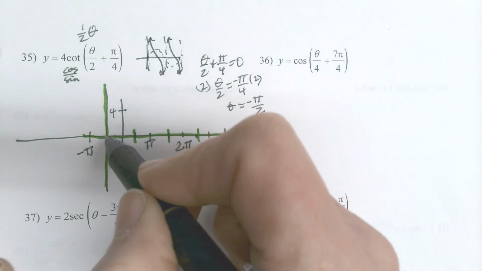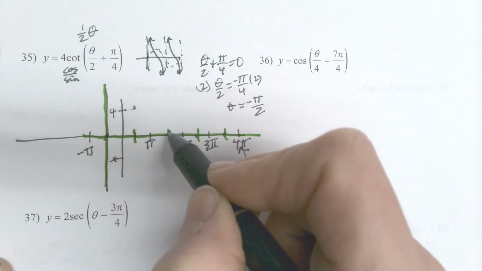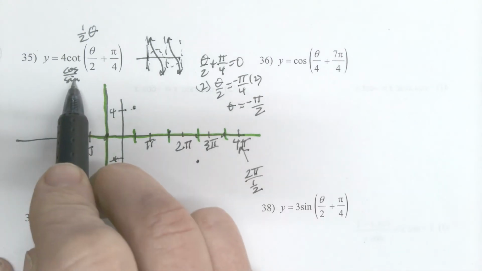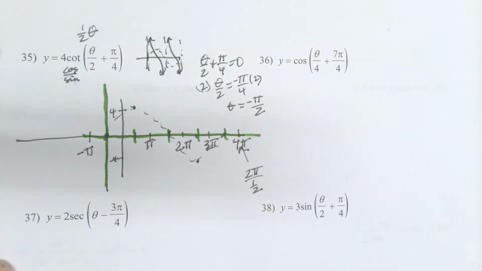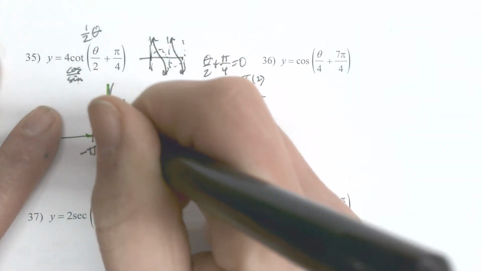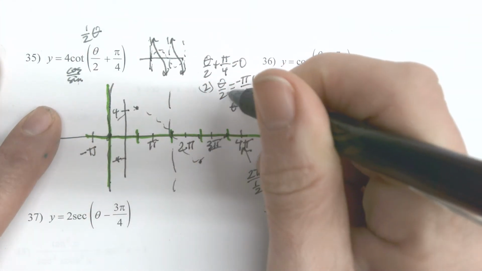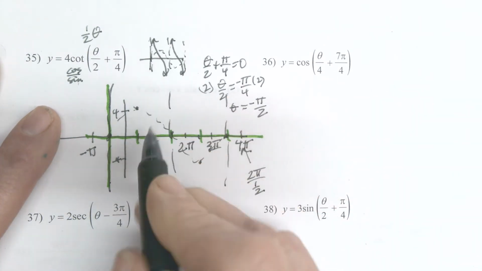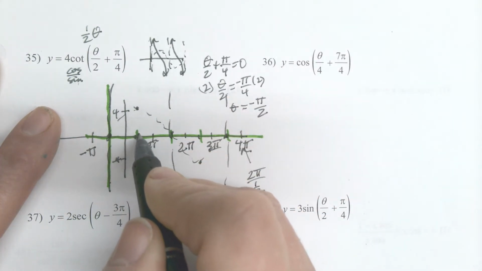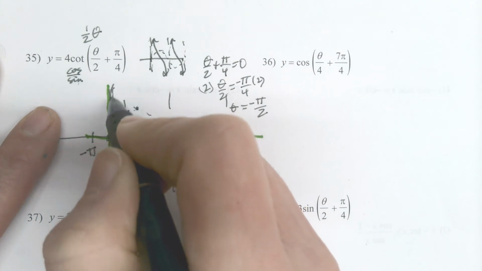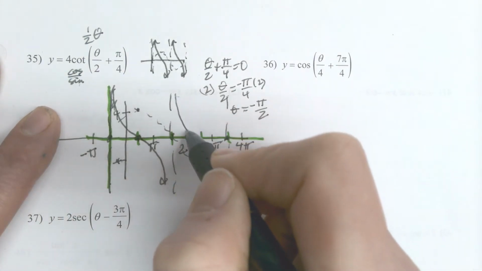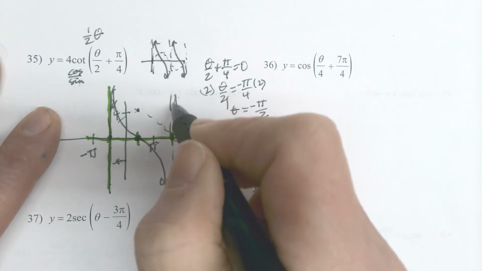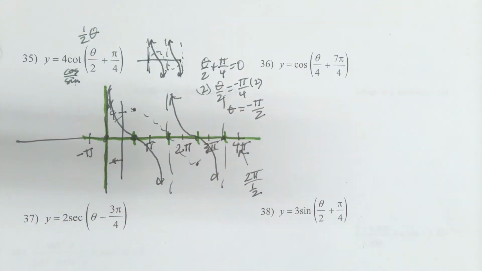I graph the sine to find my asymptotes, again, because sine is the denominator. So that's that little ghost graph that I do. So I make my asymptotes when the sine hits the green mark, and then from there, right in the center is where my twist is going to be, so it's going to come down and twist, and then come down and twist. And there would be my shifted graph.